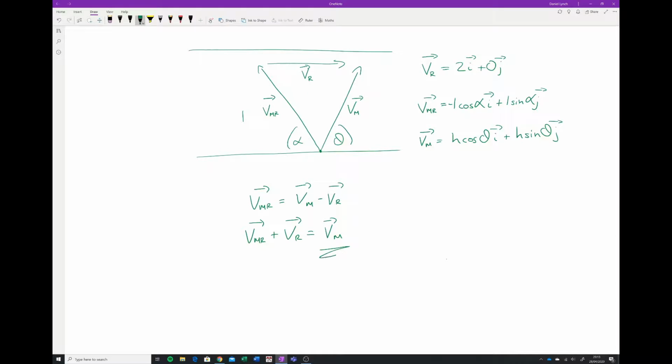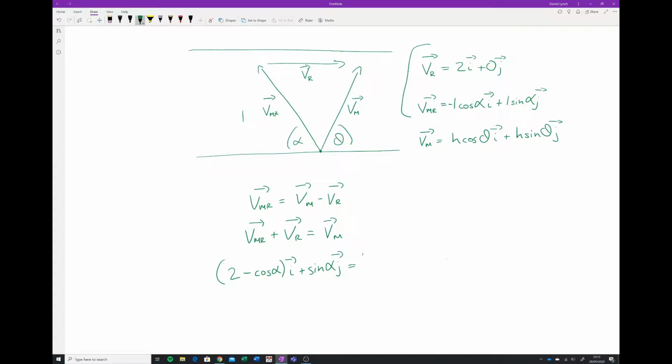So to get this, we have to just add on these two vectors. We'll add the i components together, so we get 2 minus cos alpha i, and we'll add the j's, and we just get sine alpha j.